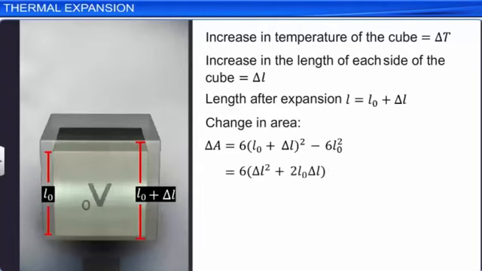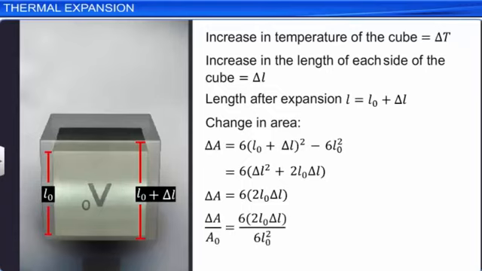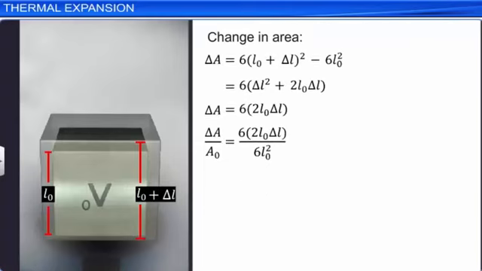This is equal to 6 into (delta L square plus 2 L naught delta L). The term delta L square can be ignored as the value is negligible. Then we get delta A equal to 6 into 2 L naught delta L. Now, dividing delta A by A naught, we get 6 into 2 L naught delta L by 6 L naught square. On further simplification, we get alpha A equals 2 alpha L.